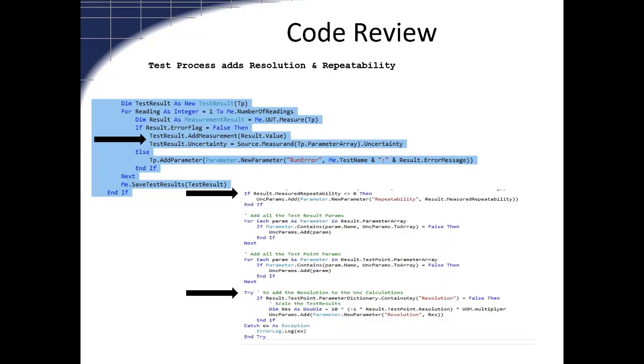Now, once we've pulled out the measurement uncertainty, you can see with this line of code that we're grabbing the test results. We're asking our source measurement, giving it our parameters, and it's going to pull back our uncertainty. So we're making a callback to get our measured value, and it's going to pull back the value that it was set to and the measurement uncertainty.